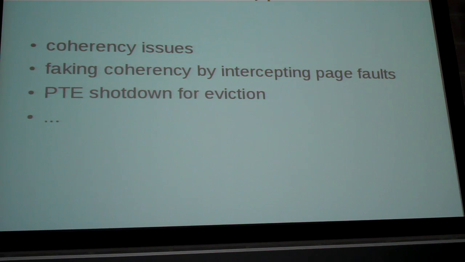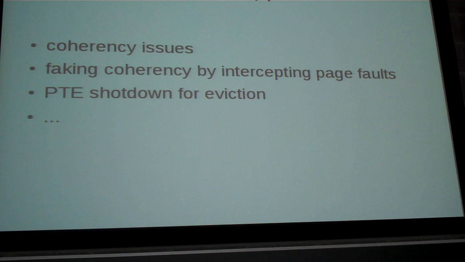So what are you going to do with exporters who expect user space to call cache flushing operations? I think one solution could be to intercept the page faults and do the cache flushing behind user space's back. And as soon as we use the buffer somewhere else, we need to shoot down all the PTEs. Luckily, we need that infrastructure also for eviction support and swap out and that kind of stuff.